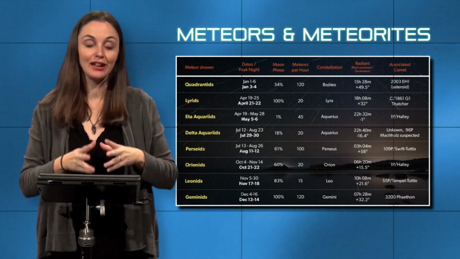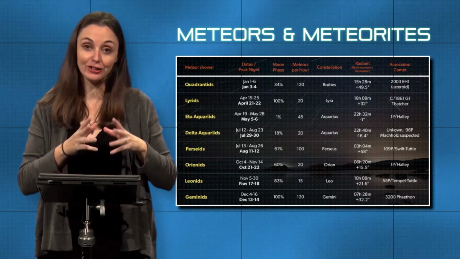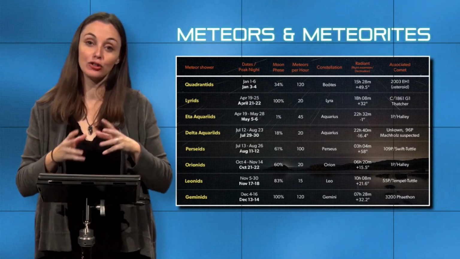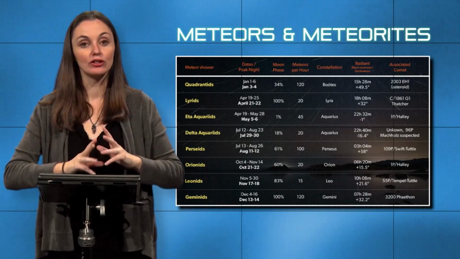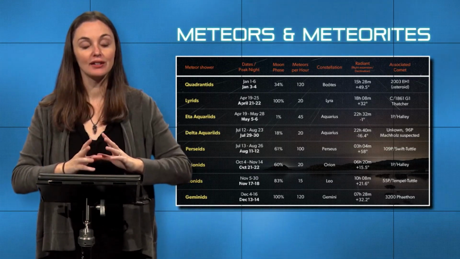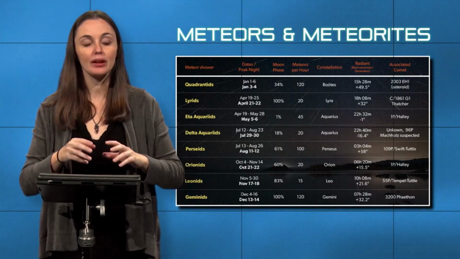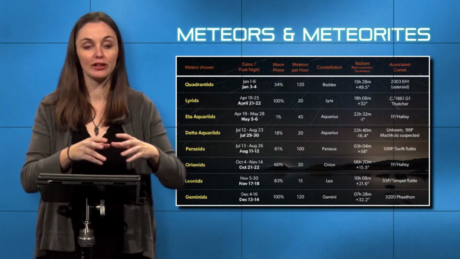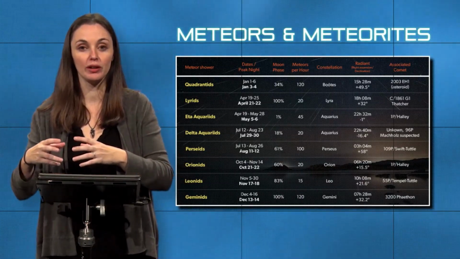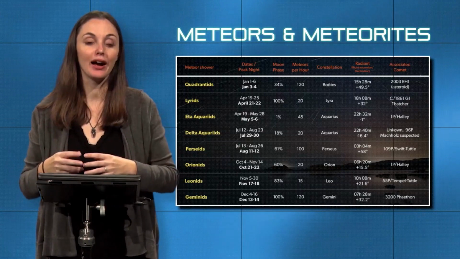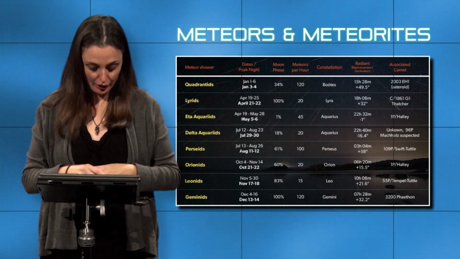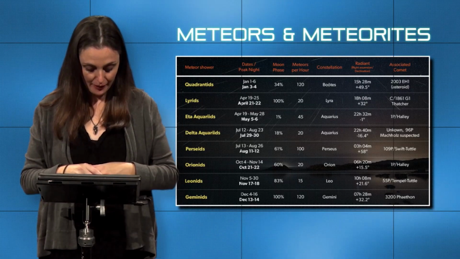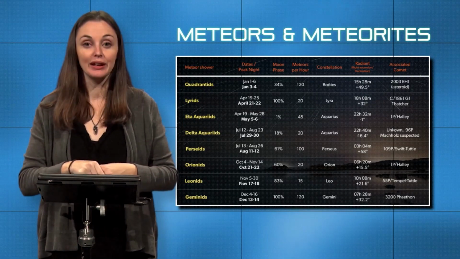These exact dates are actually for last year, the calendar year 2016, but this at least gives you a range of dates to work with every year, and the dates stay very, very similar. Because again, for us to be entering into that debris-rich part of our orbit, it's going to happen at the same time every year.